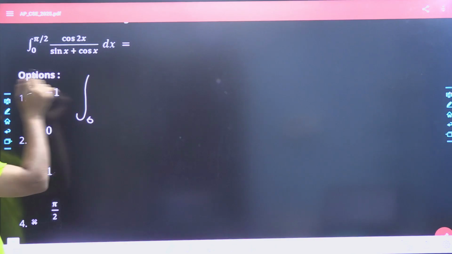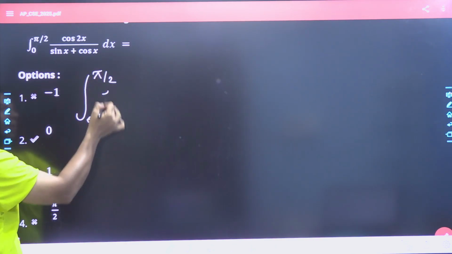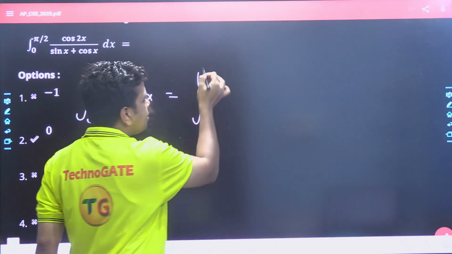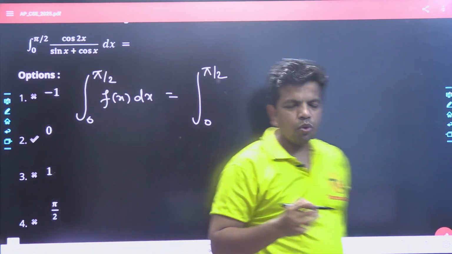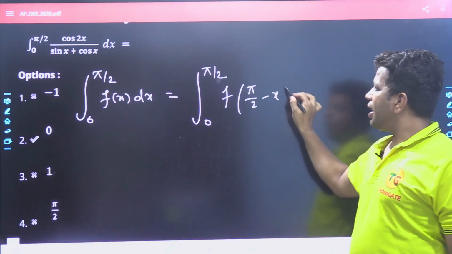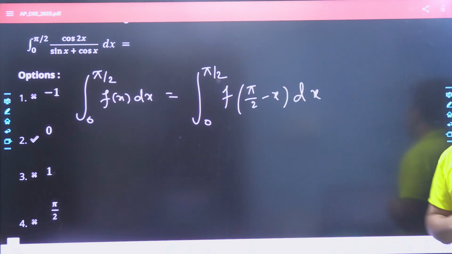So just recall one identity: integral from 0 to pi by 2 of f(x) dx is equivalent to integral from 0 to pi by 2 of f(pi by 2 minus x) dx.